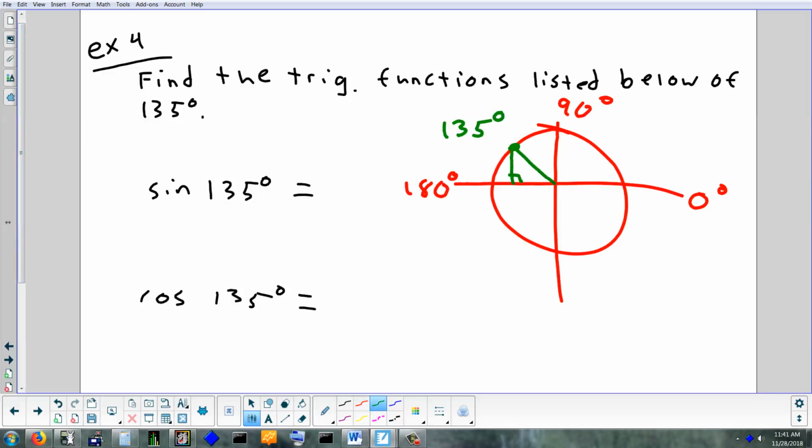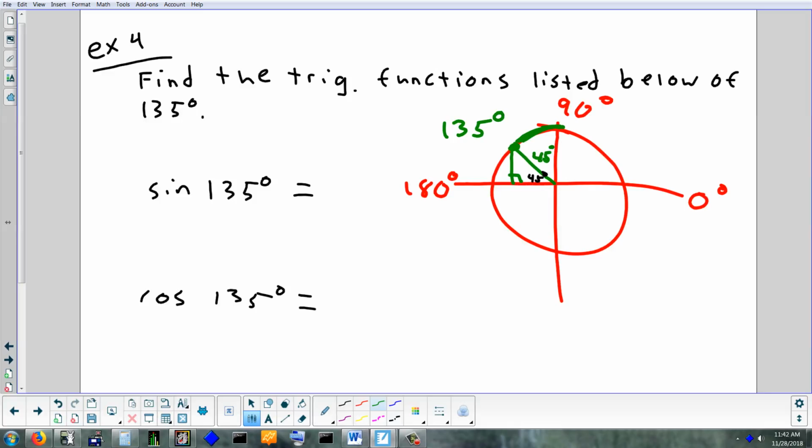From 90 to 135 is how much? 45. So this part outside is 45, which means this part inside has to be a 45. You went 45 degrees past 90, that's outside, and then you go another 45 to make the quadrant a 90. So that's why it's a 45, 45, 90.